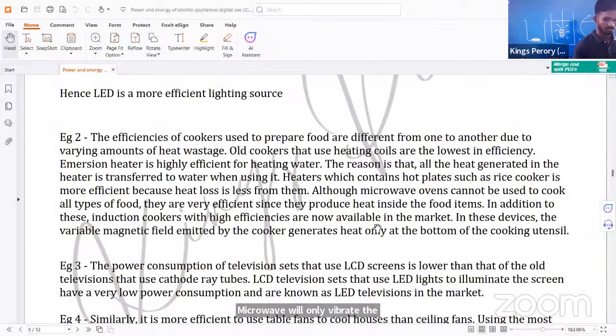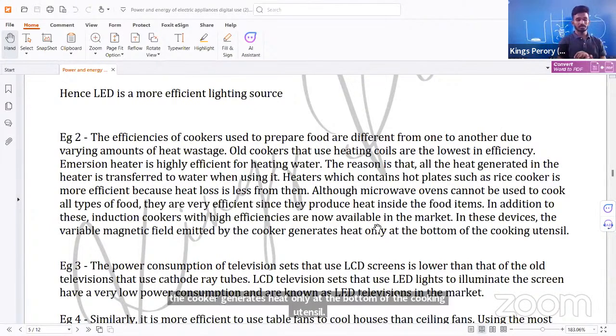In addition to these, induction cookers with high efficiencies are now available in the market. In these devices, the variable magnetic field emitted by the cooker generates heat only at the bottom of the cooking utensil. Now, induction cookers became very famous during the gas crisis in Sri Lanka.